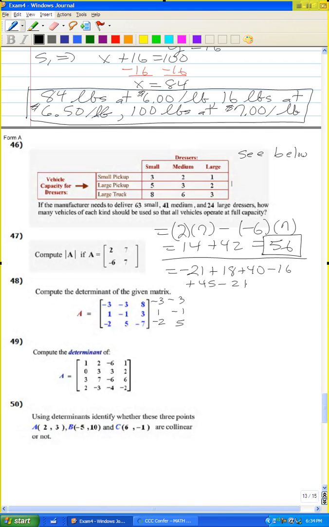So 21's cancel. Oh, no. That's negative and positive. So you get a 20, so you get a 3, you get a 21, you get a 5, plus 40 is 45. So your answer is 45.